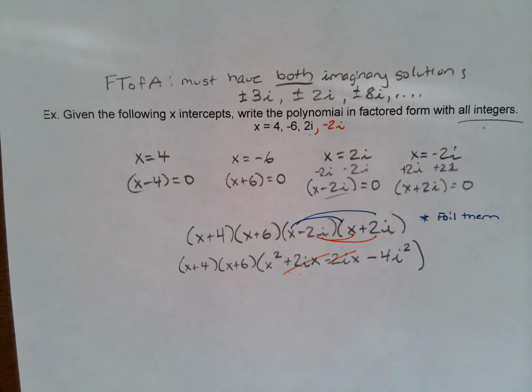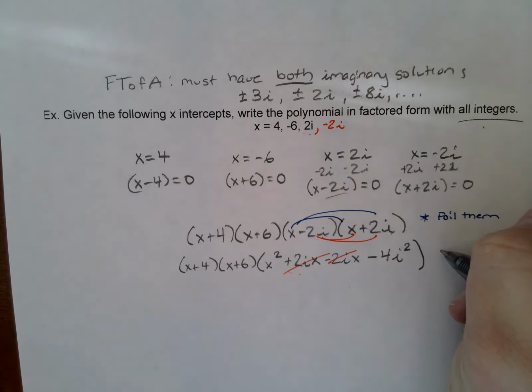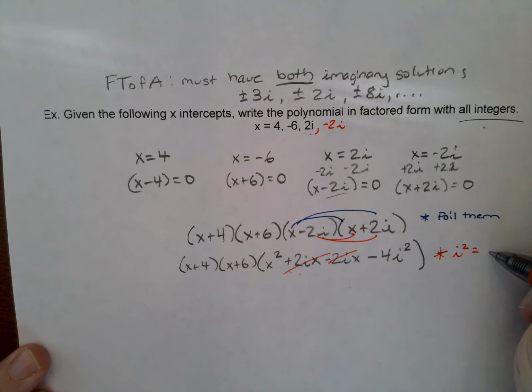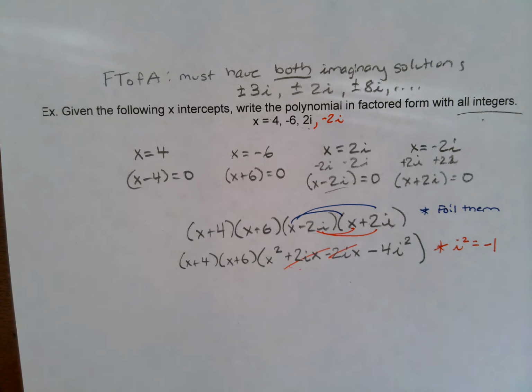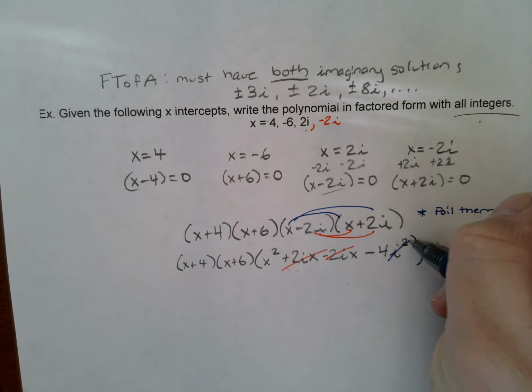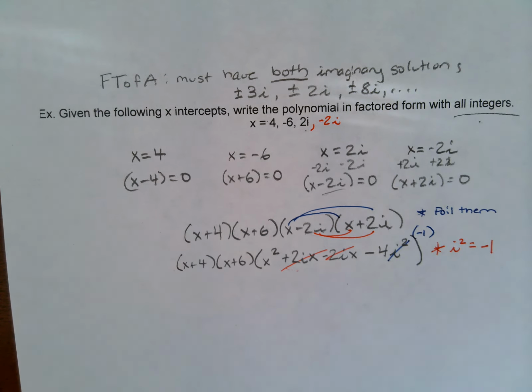And then what we need to remember, what is i squared equal to from last semester? i squared equals negative 1. So that means I can make this i squared a negative 1. So I have negative 4 times negative 1, which is positive 4.